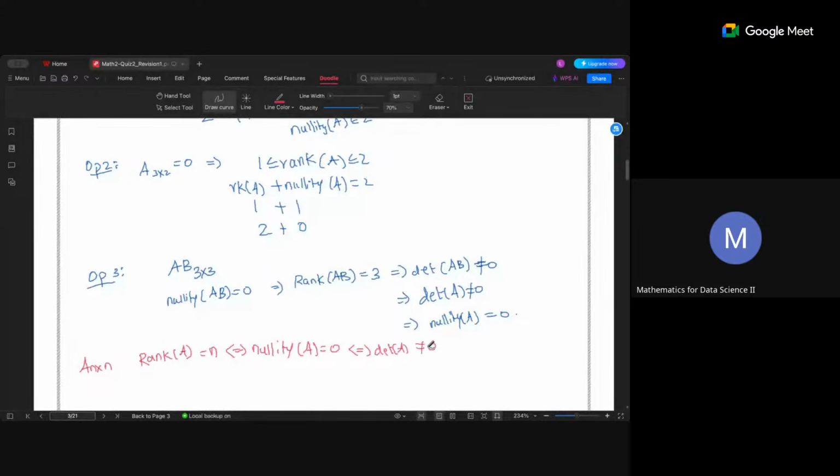All these conditions are equivalent, so keep this in mind. In this case, what can you say about the range of A?